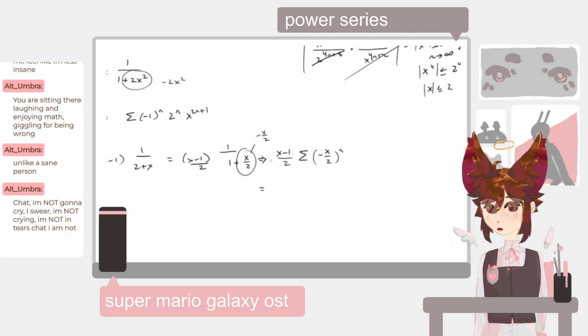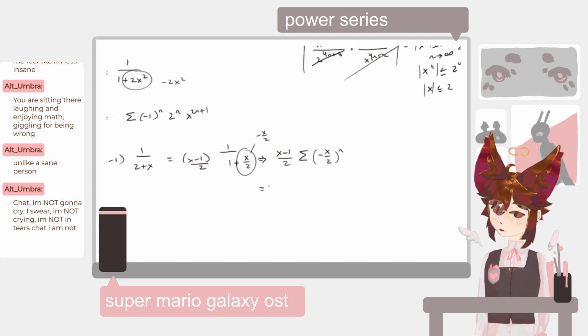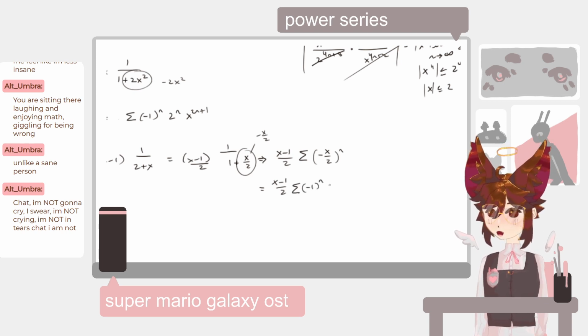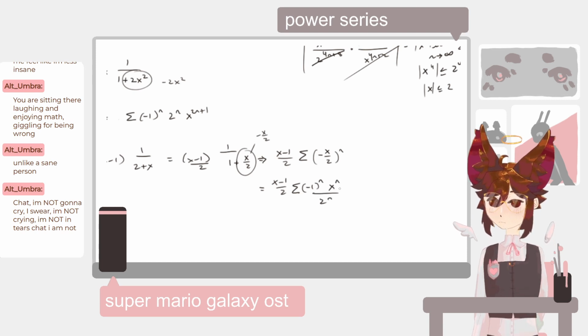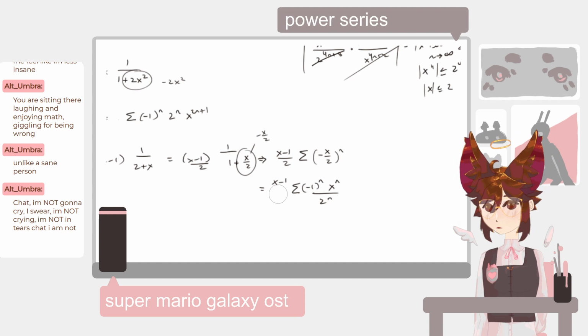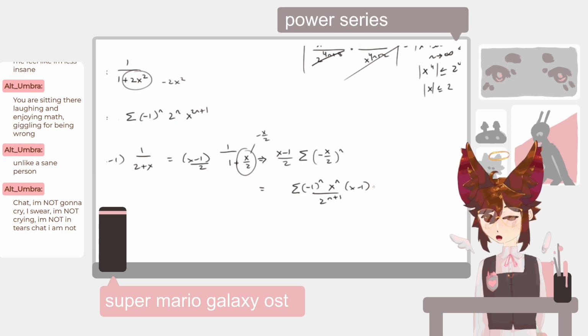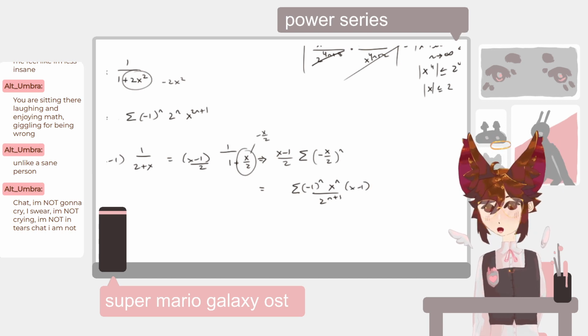I don't really want to deal with this part on the outside, so we'll just leave it. That's how I deal with my problems. Over 2 to the n, 2 to the n plus 1. So that solved that. And then can I just move this in here? That seems like cheating.